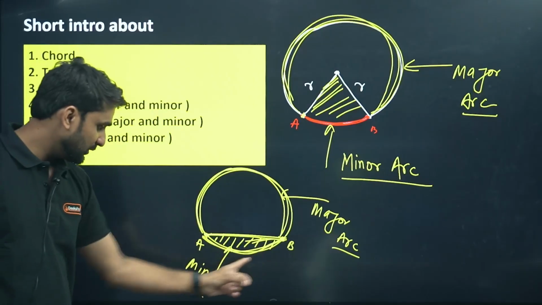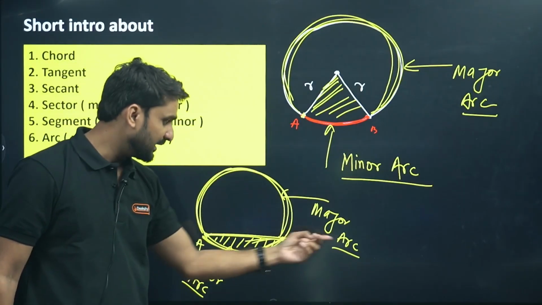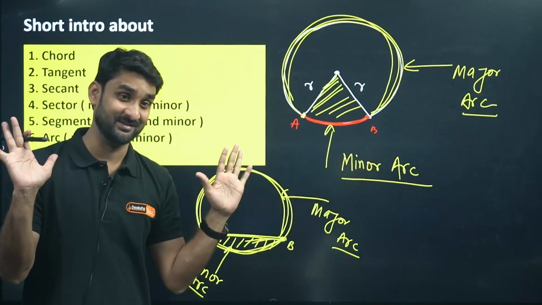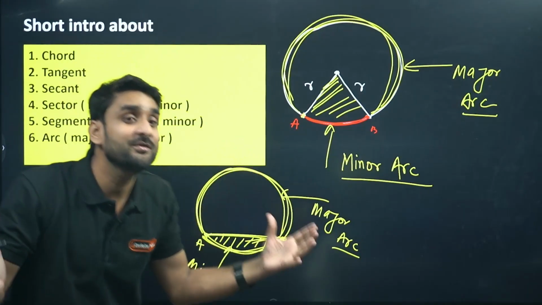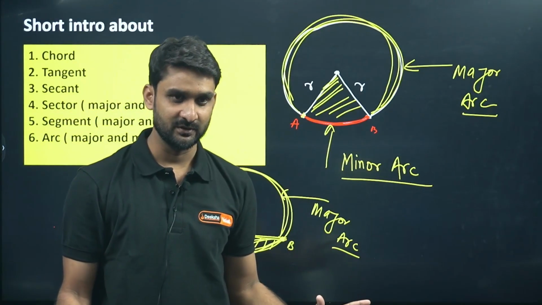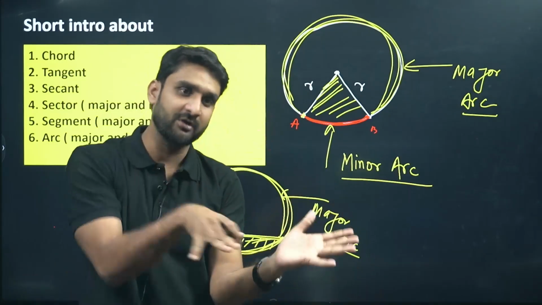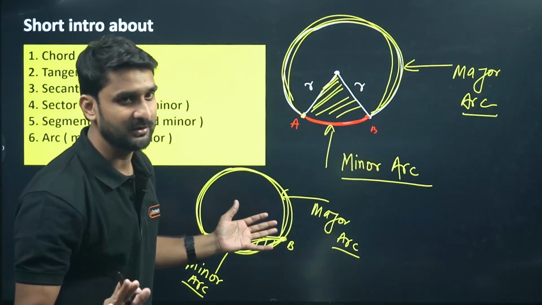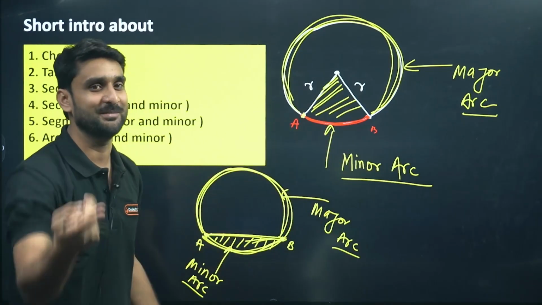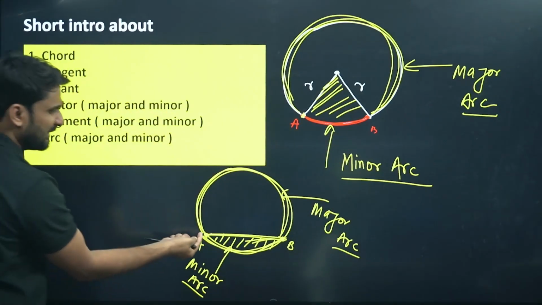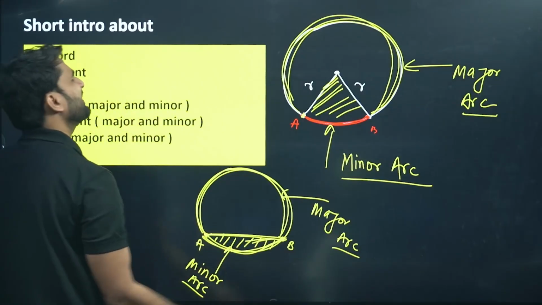How does arc produce? If you are taking 2 points on the circumference of the circle, on the boundary of the circle, just 2 points are needed to introduce the arc. If 2 points are there on the circle, there will be arc. Hope you have understood. So we will find out the length of the minor arc and major arc.